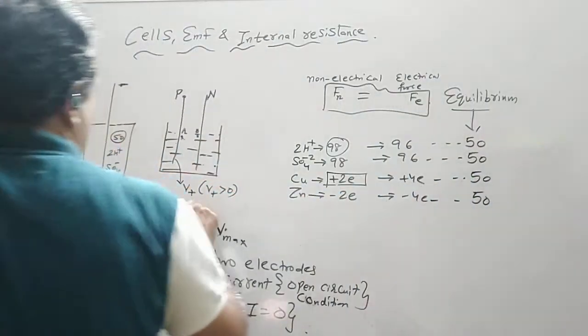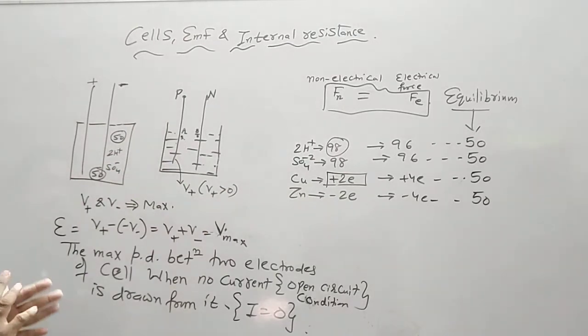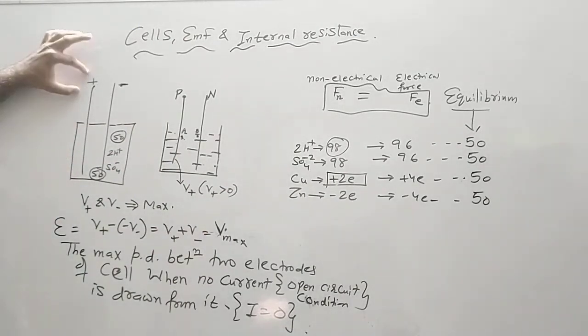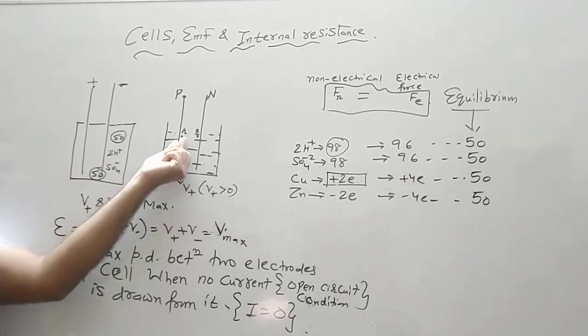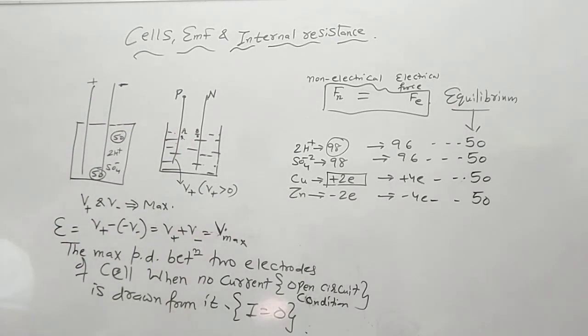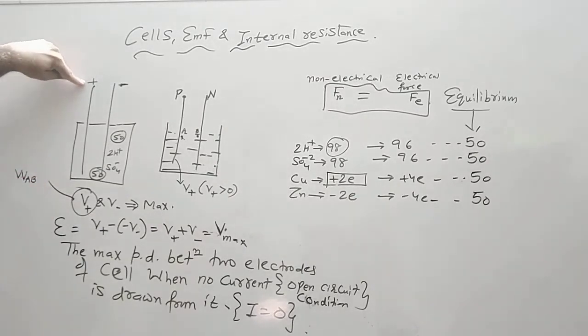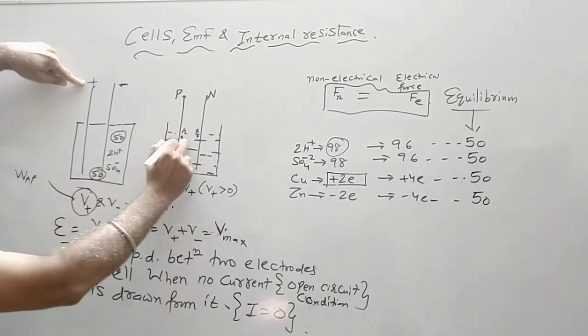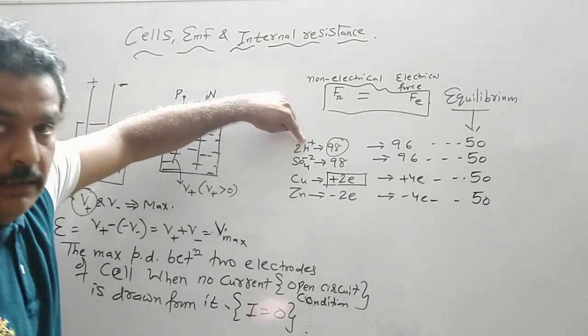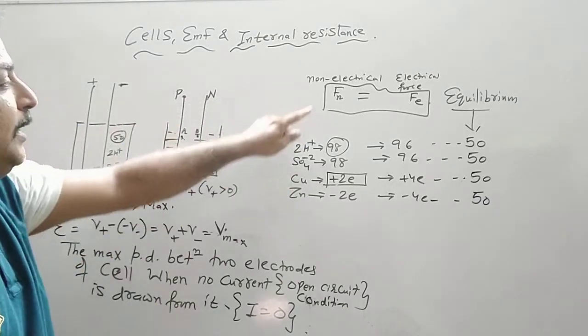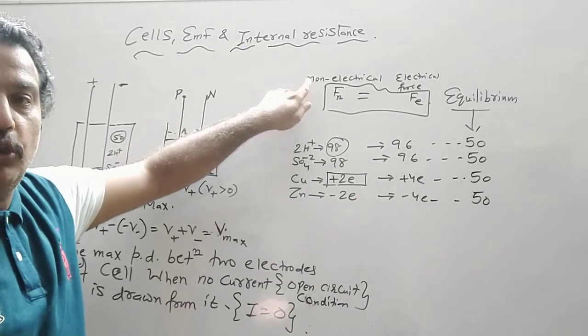So V plus is a potential difference. I have written V plus as the potential of the positive electrode because we assume point A is very near to point P. Actually, it is the work done to move a unit positive charge from point A to P. It means the H plus ion has moved from point A to P due to a non-electrical force.